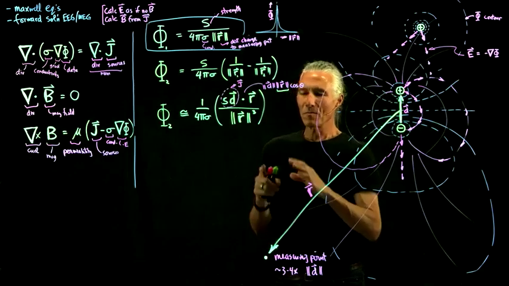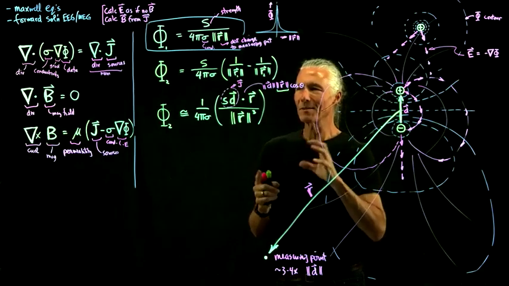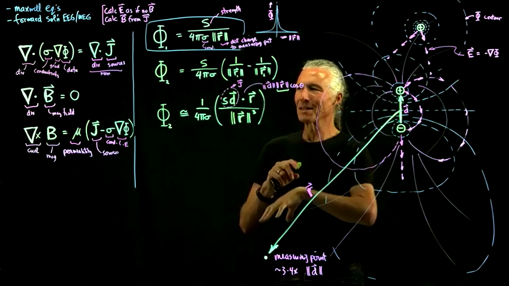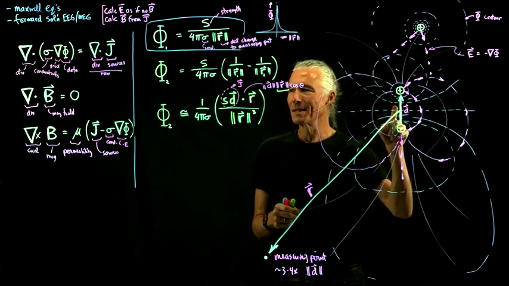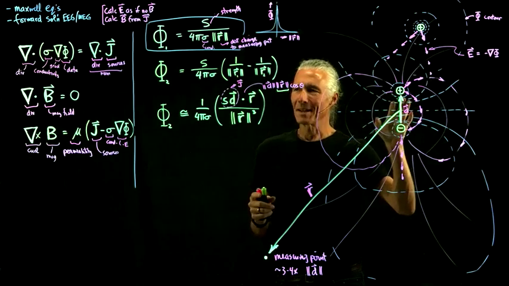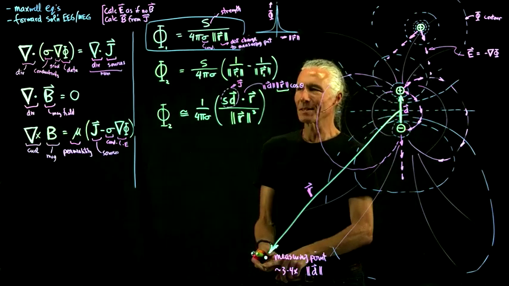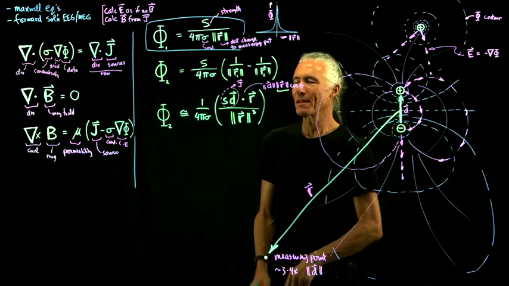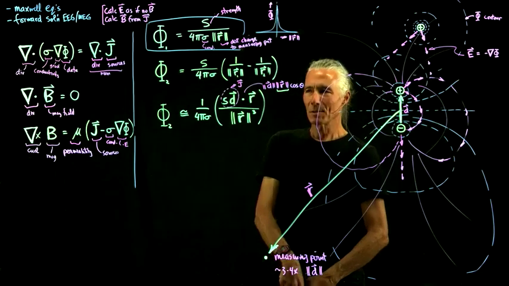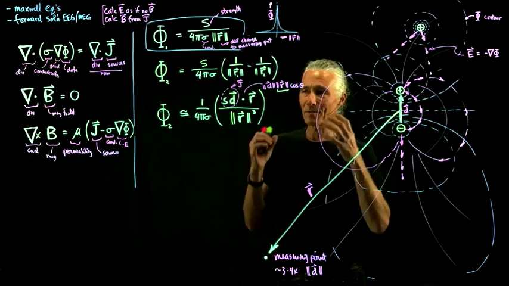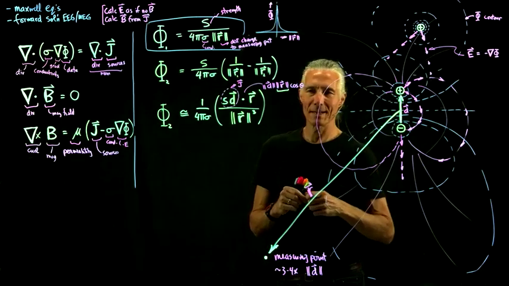Now, we've made the assumption that the brain is infinitely large, right? The whole universe is filled up with the brain. We've got a dipole somewhere in the brain, nothing else going on. And then we've got a recording point somewhere else in this universe-sized brain. Now, that's not true. We know that the brain isn't infinite sized, and we'll talk about how you've got to make corrections for the fact that the brain has a finite size.